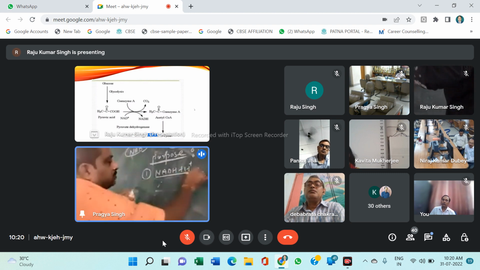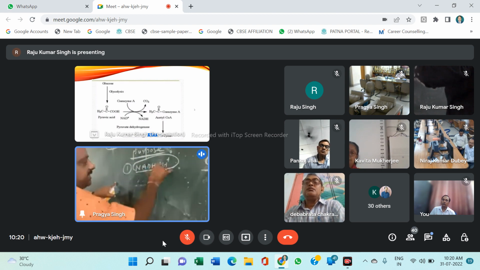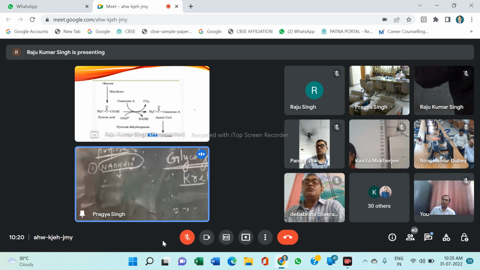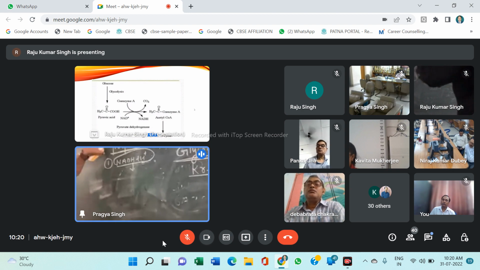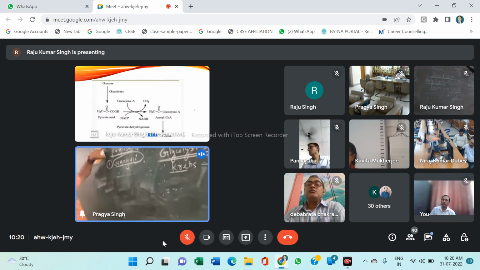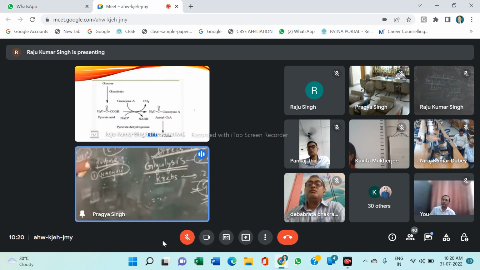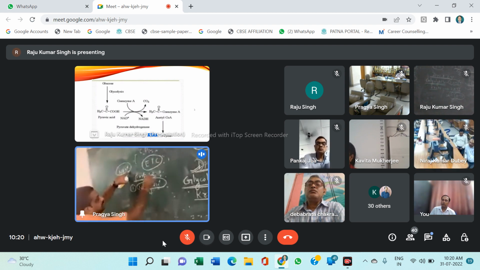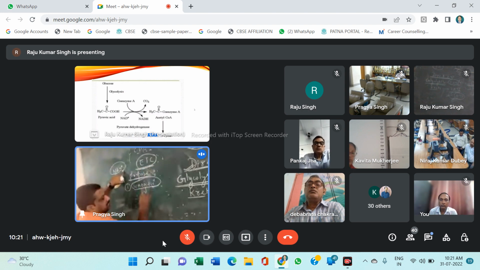If NADH, the reduced form, is not moving to ETC, we cannot reload NAD plus in the matrix of the mitochondria. And there is the significance of ETC.